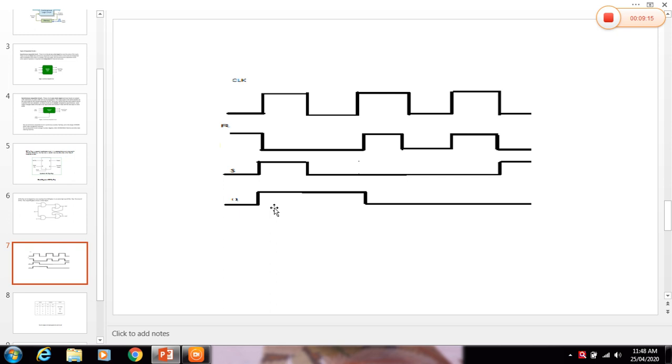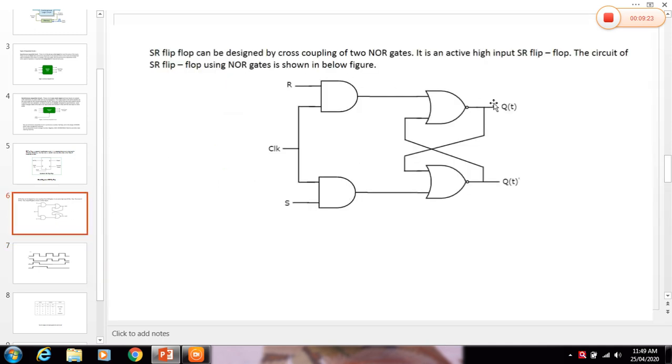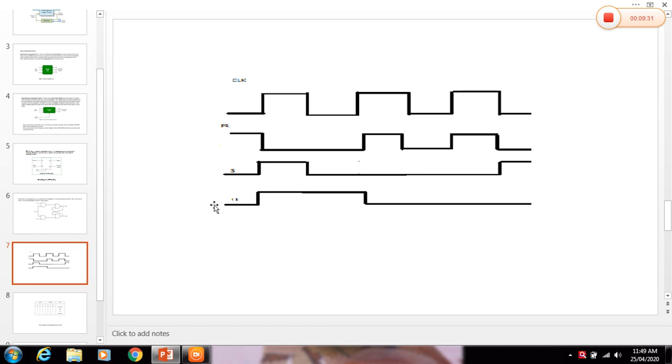Now, pay attention. Here the clock pulse is low. Suppose earlier the circuit's state, meaning this Q, was 0. We'll start with the initial condition that this output was previously 0.